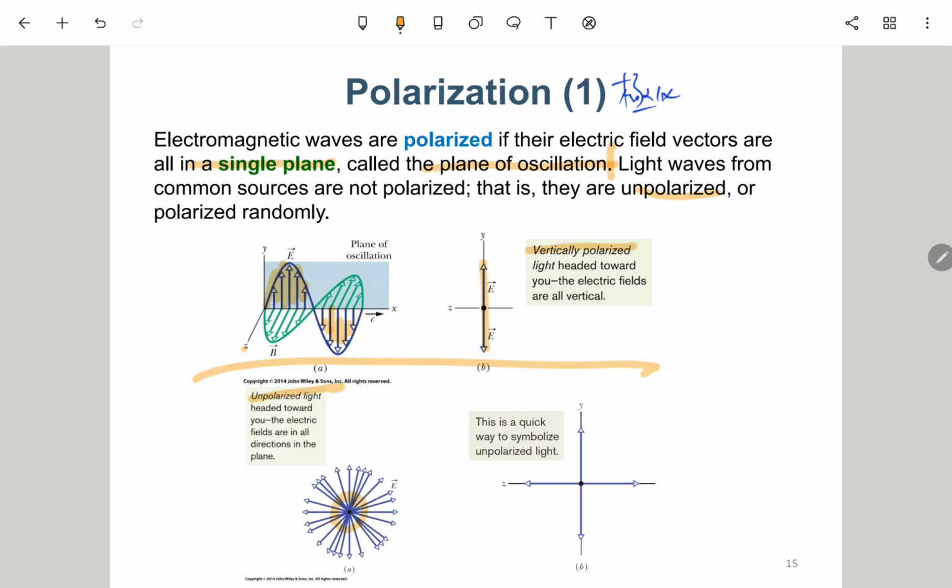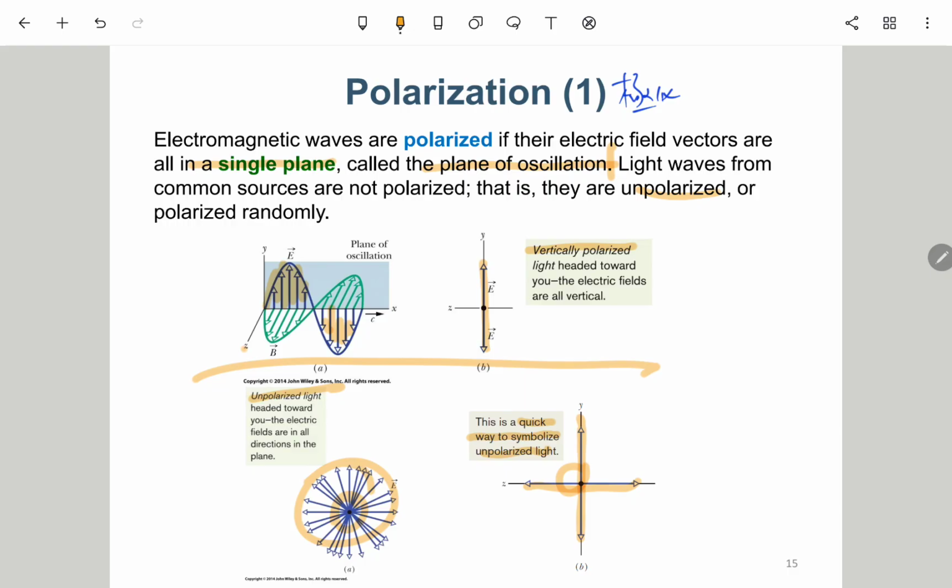A quick way to symbolize the unpolarized light is to draw one in the vertical direction and the other in the horizontal direction, as if you combine all of them together. Of course, you should be able to decompose every direction into the horizontal and vertical directions.